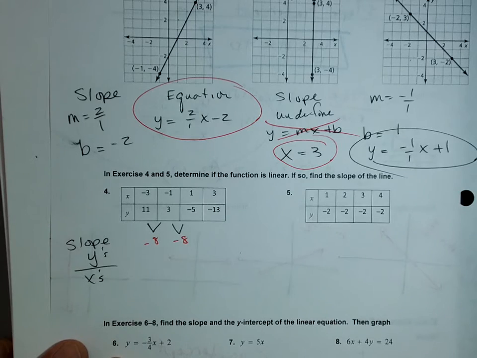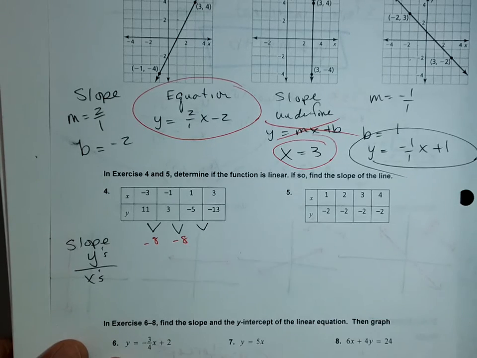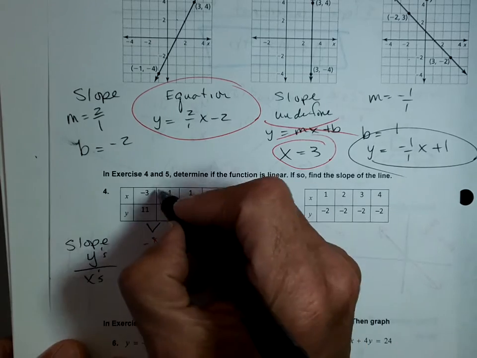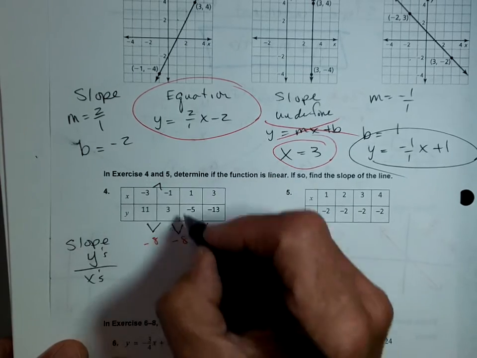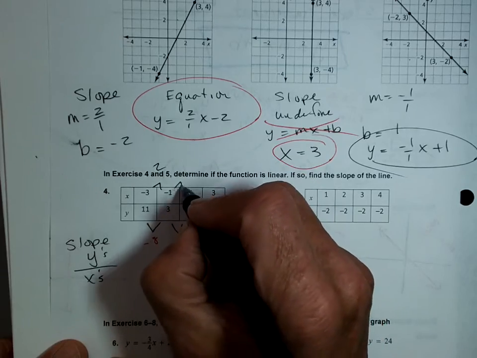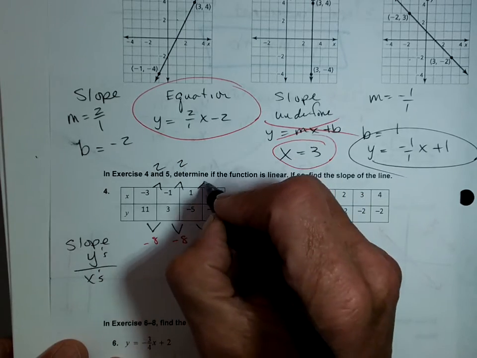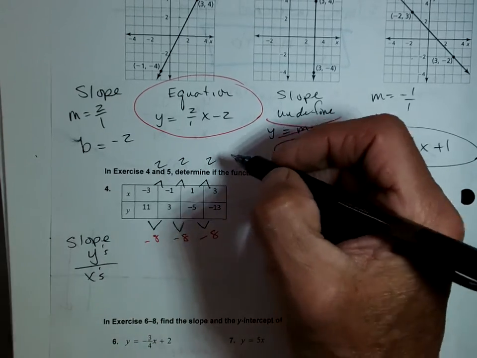I'm going down by 8, right? On the x's, I'm going up by 2. Do you guys see that?